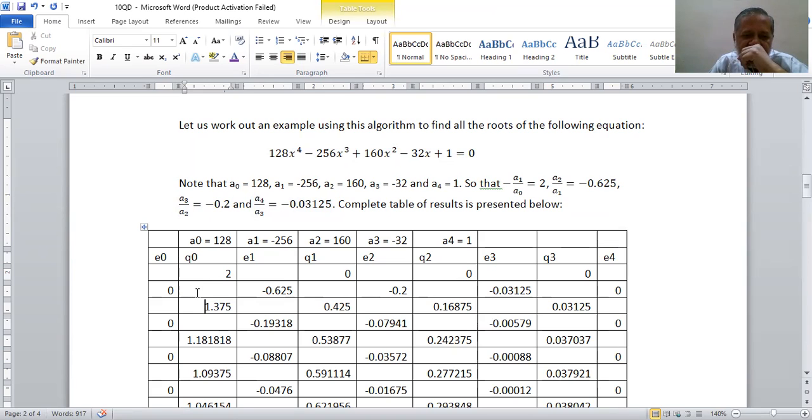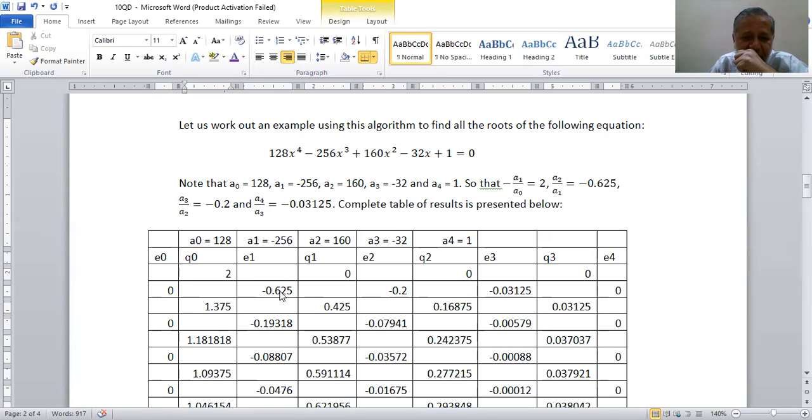Whereas the first row of E is developed using, again, coefficients of this polynomial equation. But remember that the first value of E and the last value of E in every row of E's will be zeros.